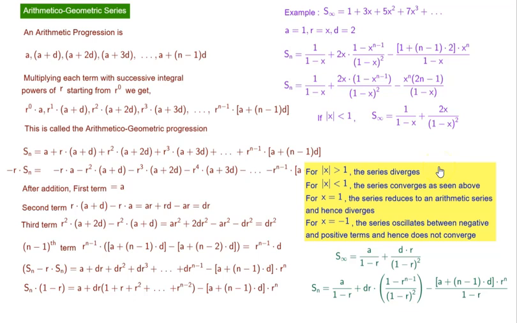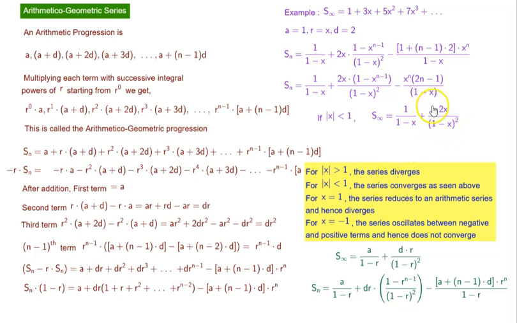So there's no question of sum to infinity. For absolute value of x less than 1, the series converges as we have seen here. For x equal to 1, the series reduces to an arithmetic series and hence diverges. For x equal to -1, the series oscillates between negative and positive terms and hence does not converge.